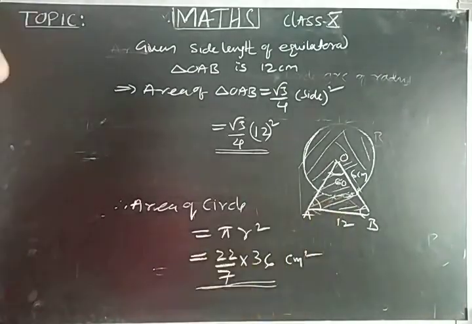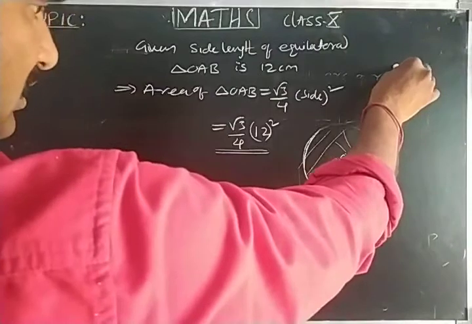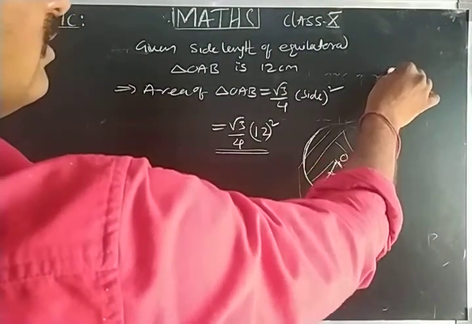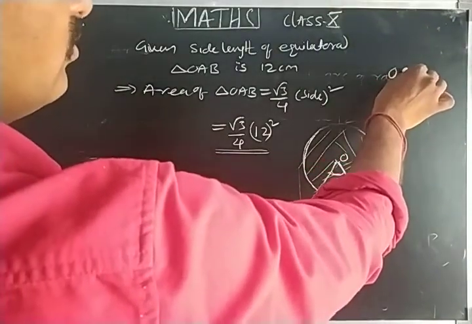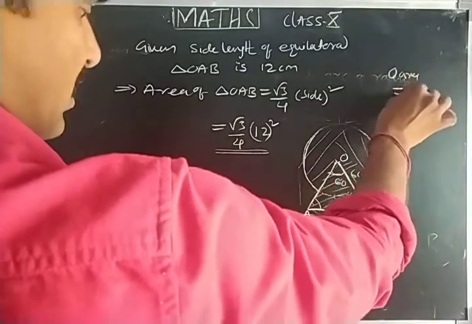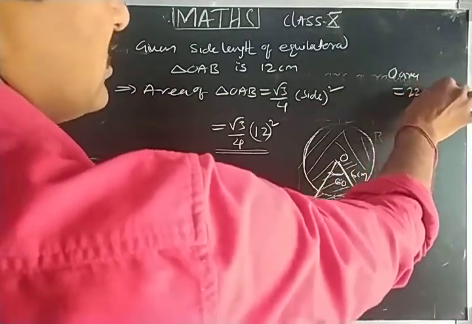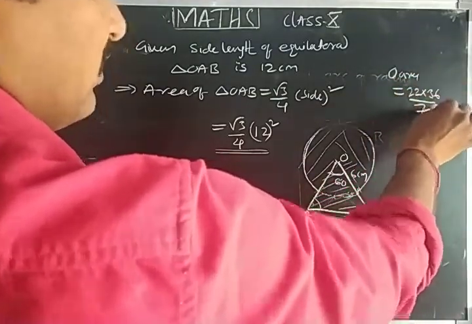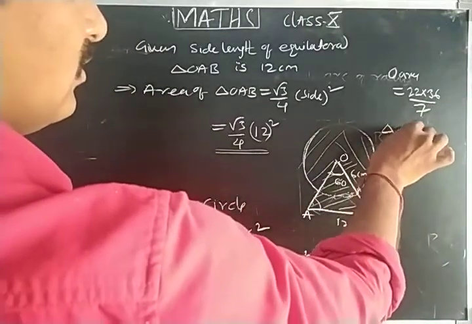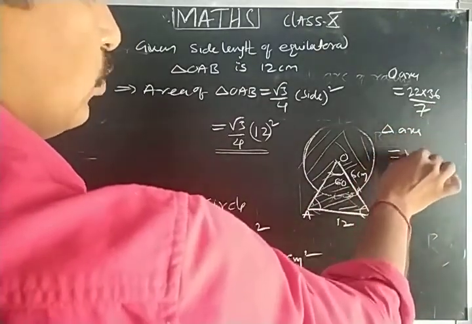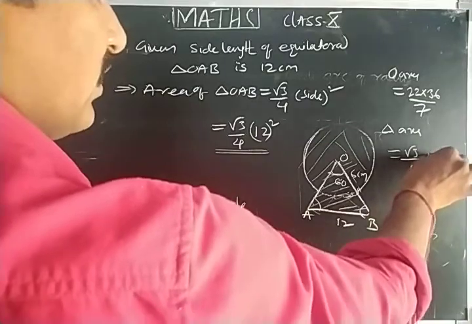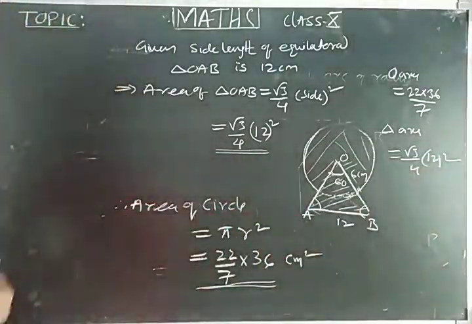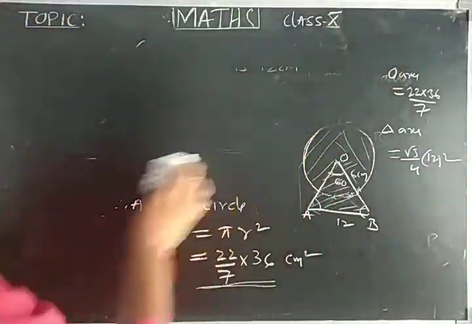Right? Now I am going to find sector area. Let me write the values here. What is circle area? Circle area we got 22 into 36 by 7, and triangle area is root 3 by 4 into 12 square. Okay, right. Now I am going to find sector area.